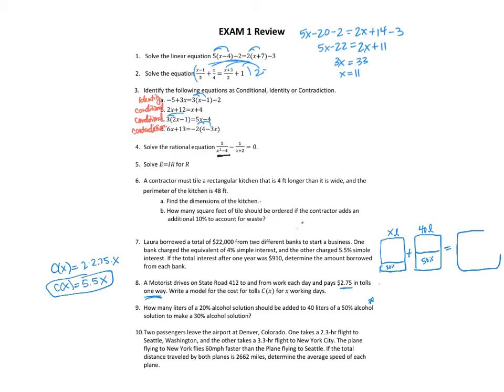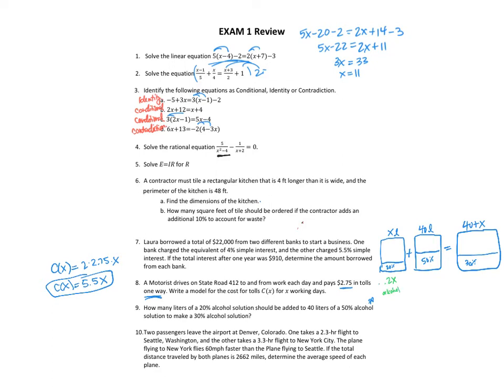So if I add X liters plus 40 liters, I'll have 40 plus X liters of this one. And then I want that to be a 30% alcohol solution. So how much alcohol is in each of these? If this is 20% of X, that's 0.2X alcohol. This is the amount of alcohol.